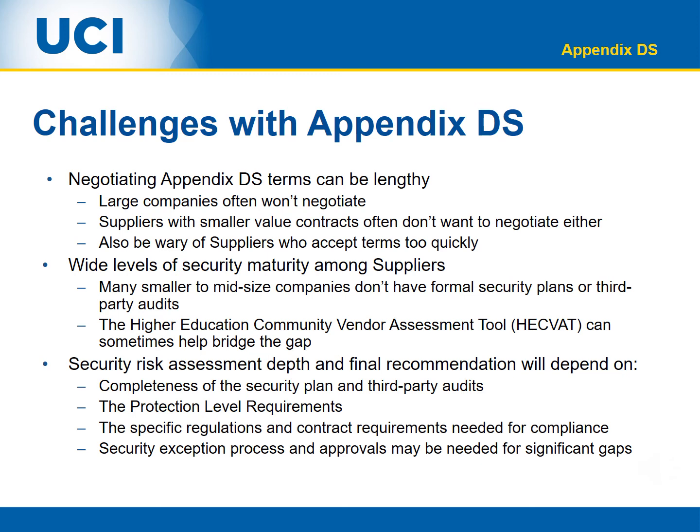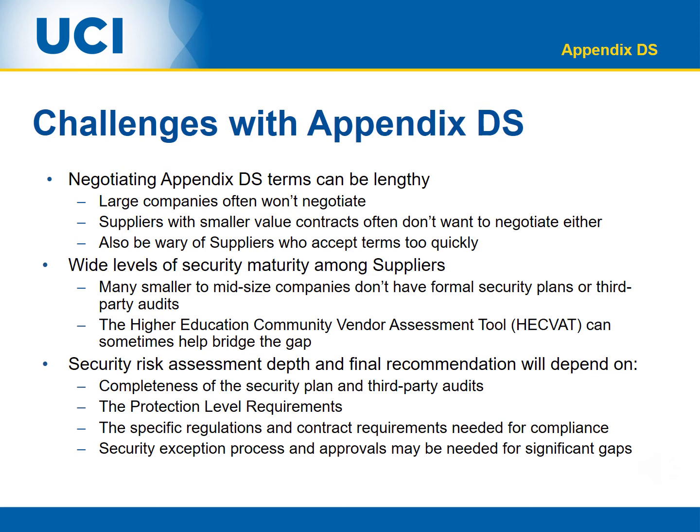So it's been pretty challenging to actually try to get good information from some of these companies. There's a tool called the HECVAT, which can sometimes help close the gap if they don't have a security plan, but we try to get as much information to be able to make a good judgment on what kind of security terms the supplier may have.